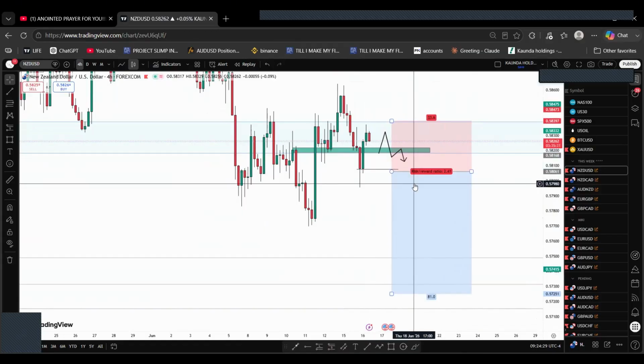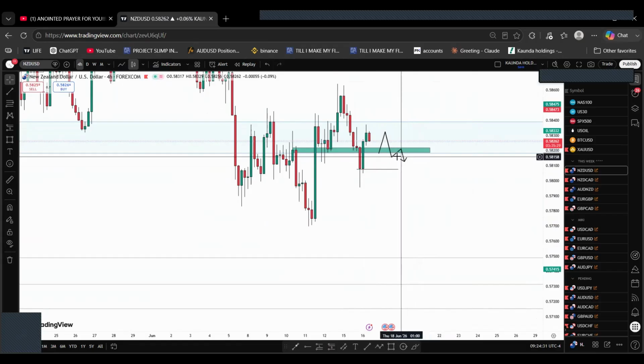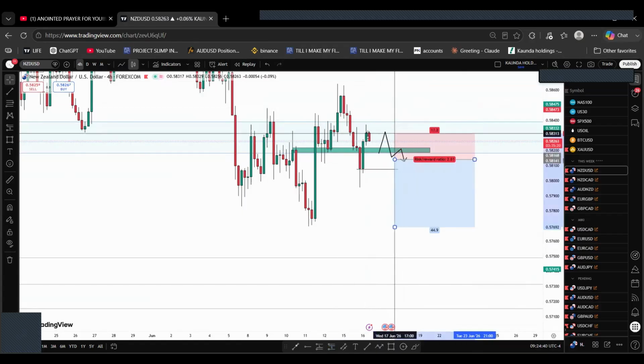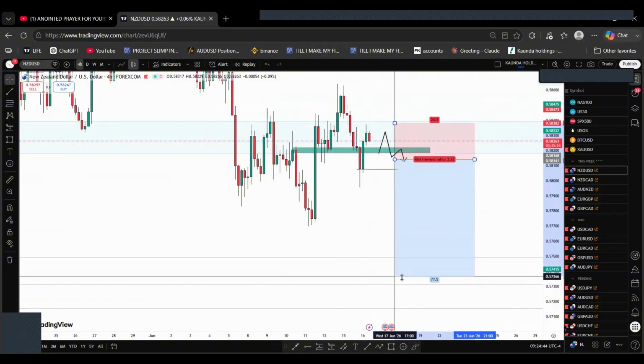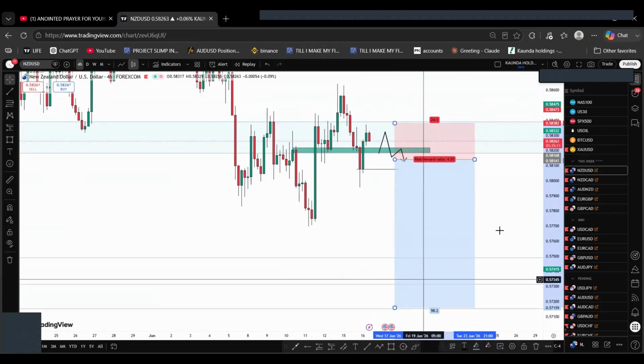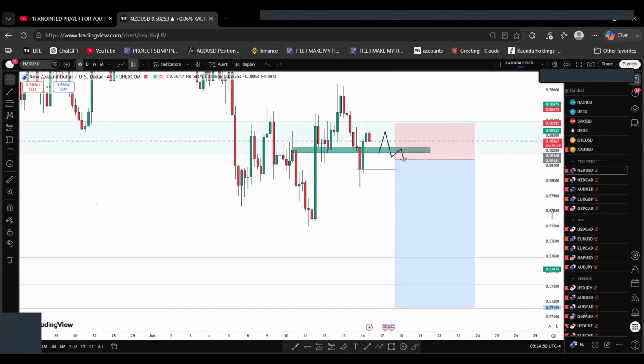So meaning what price can do is simply break below, maybe test there and then engulfing. Then we can enter and put our stop right above here. And I'll take profit here. Right there. This makes more sense.